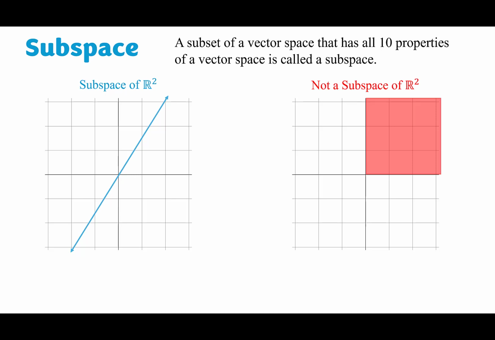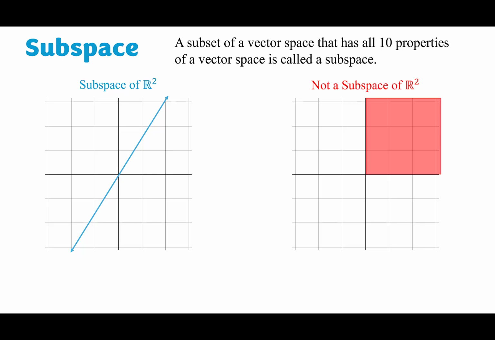That's usually an easy way to check, but you can really look at any of the 10 properties when checking to see if something's not a subspace. But to see if something is really a subspace, you have to verify all 10. To show that it's not a subspace, you can just find one property. A lot of times the closure of scalar multiplication and addition are good first ones to check. But that's a way to show that something's not a subspace: just find one property that's not satisfied.